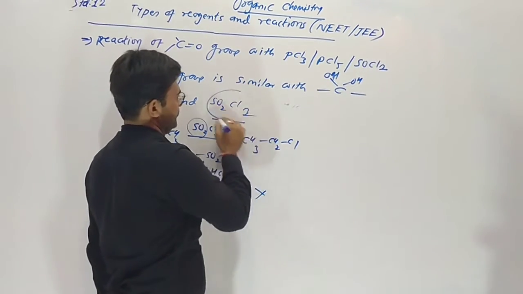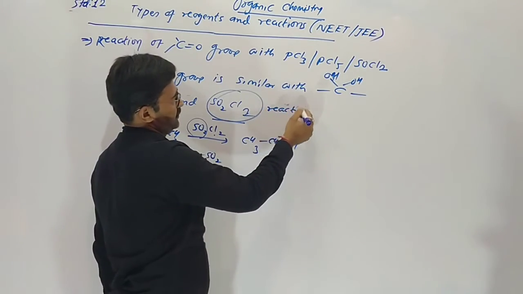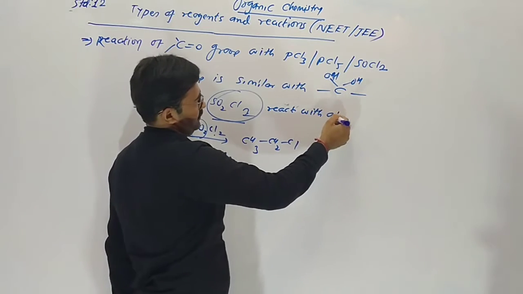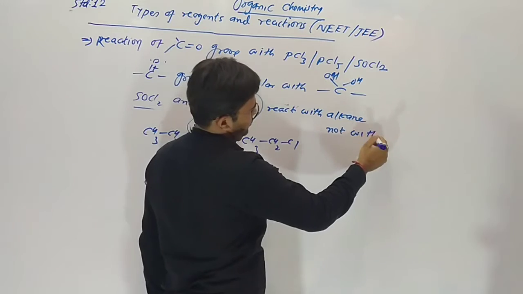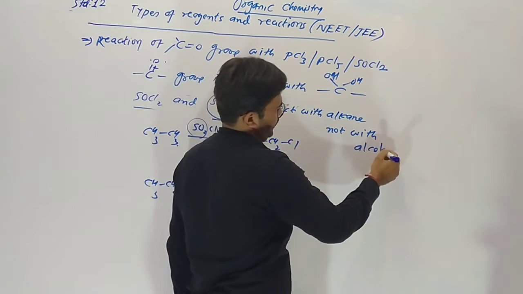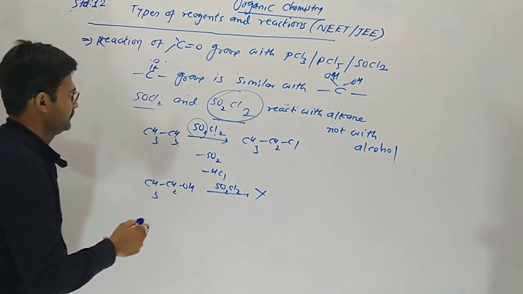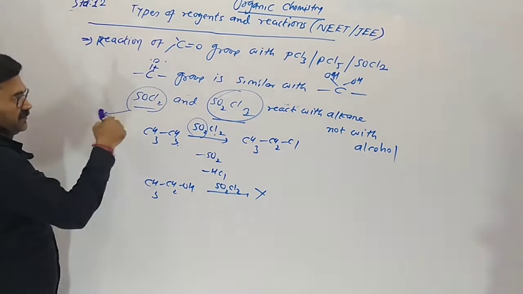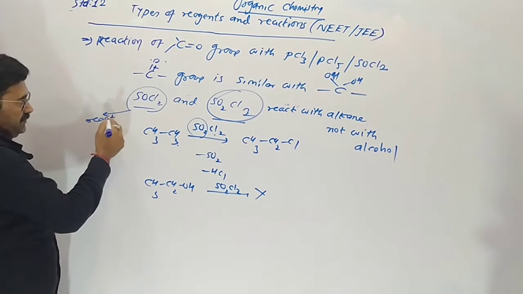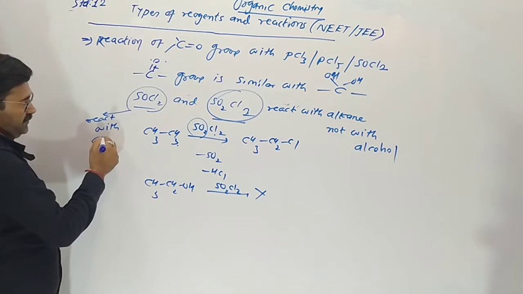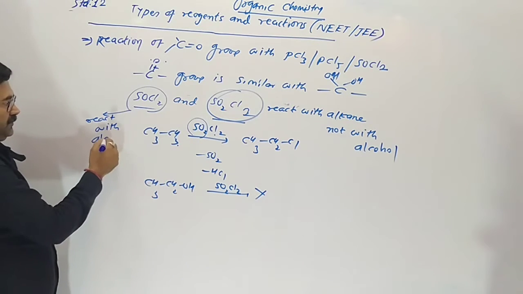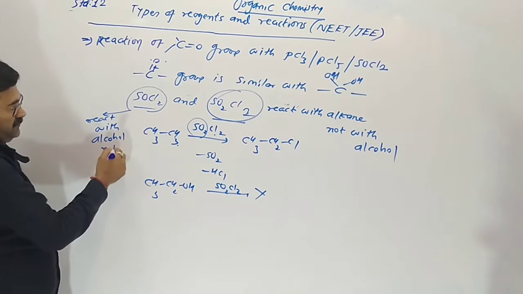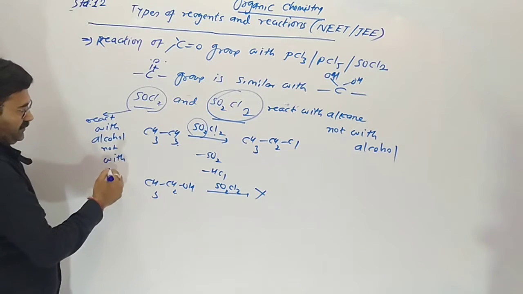SO2Cl2 reacts with alkane, not with alcohol. SOCl2 is the inverse of it. It reacts with alcohol, not with alkane.